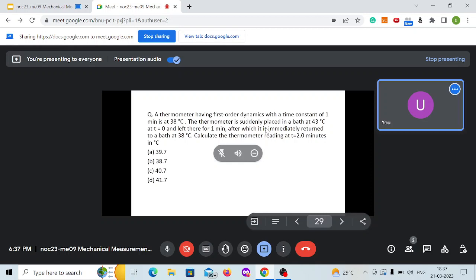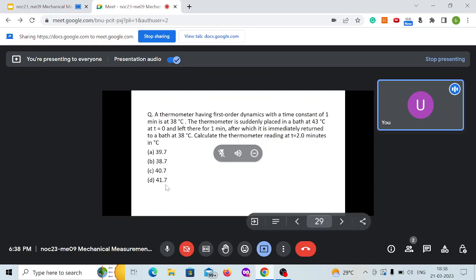So the thermometer gets two types of input. Before the thermometer responds at 1 minute, it reaches 43 degrees because the time constant is 1 minute, and then you suddenly take it to 30 degrees Celsius again. You have options: A 39.7, B 38.7, C 40.7, D 41.7.